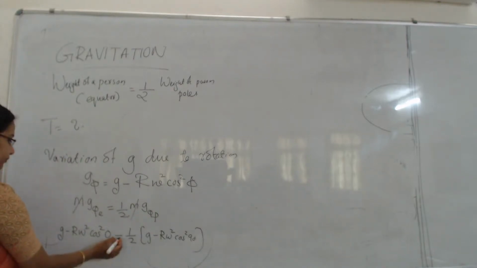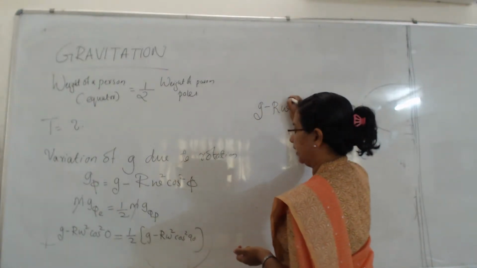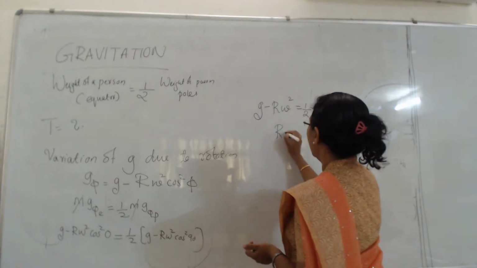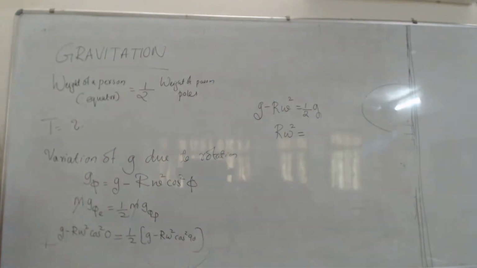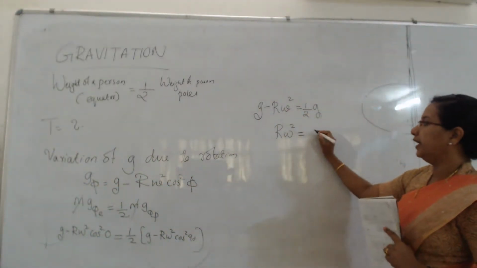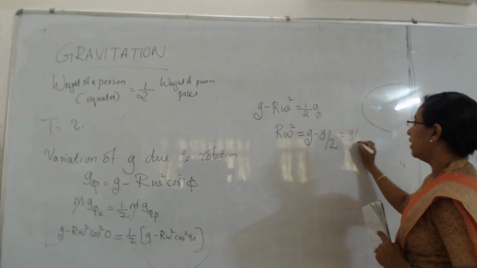Cos square 90 is 0. So g minus R omega square is equal to half of g. That is, R omega square is equal to g by 2. We write g minus g by 2, it will be equal to g by 2.